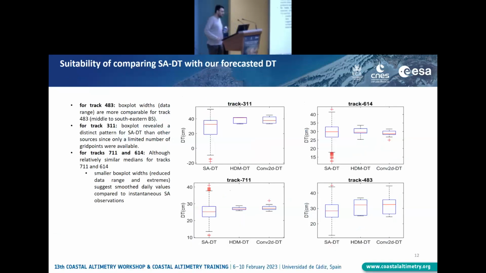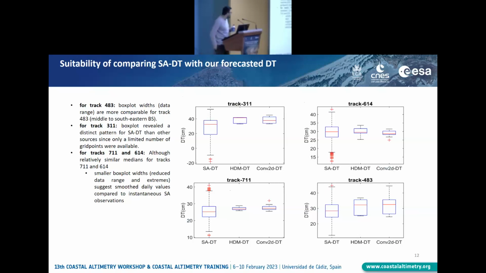But anyway, for the uncontaminated points, which are situated in the upper quartile, there is more consistency between the satellite and model data. Also, tracks 711 and 614 have similar median values.